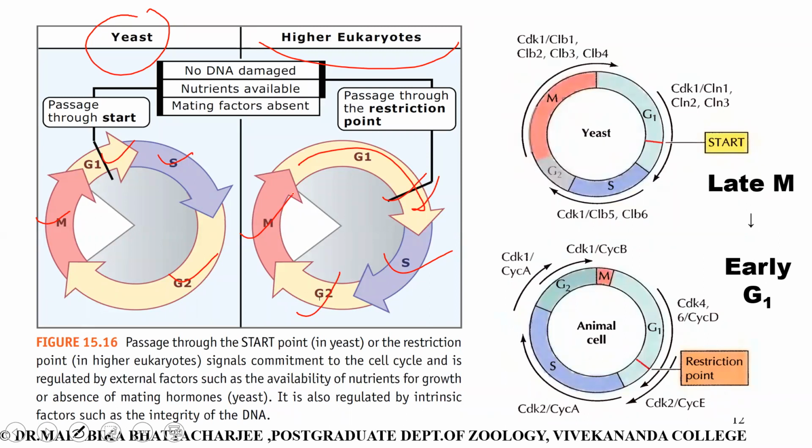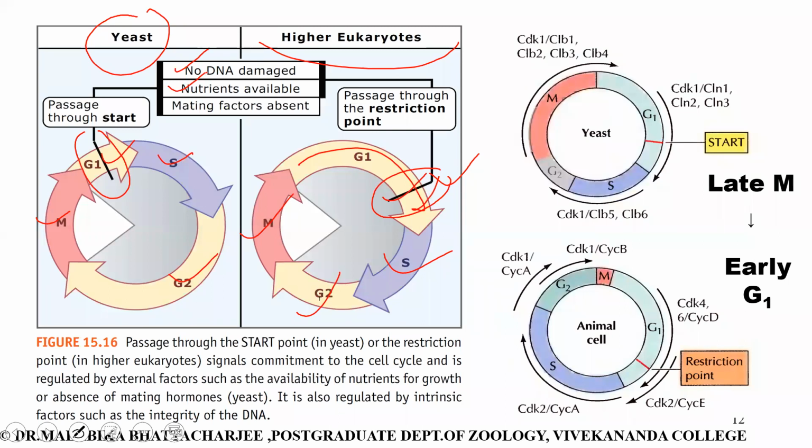In both cell cycles, you can see a dark dash present through G1, which is a very important checkpoint. We will study in detail what happens at the molecular level during this checkpoint. This checkpoint is known as the restriction point in higher eukaryotes and the start point in yeast. For a cell to pass through this checkpoint, it has to ensure that there is no DNA damage and that nutrients or food are available.